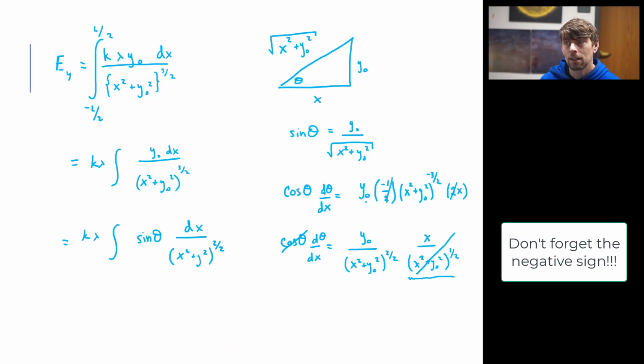And so I get something that says, now I'll move the y naught to the other side, I'll move the dx. I get something that says d theta divided by y naught. Don't forget y naught is a constant, how far my field point is from my wire.